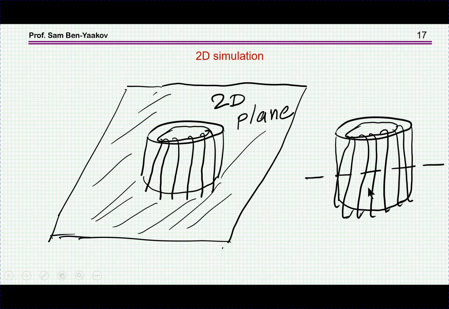Let me just point out that this analysis, this finite element analysis, is two-dimensional. So strictly speaking, it'll be pretty accurate for the case in which we have the lines going all the way. That is, these straight lines here of the windings are long, and we are looking here at the cross section.